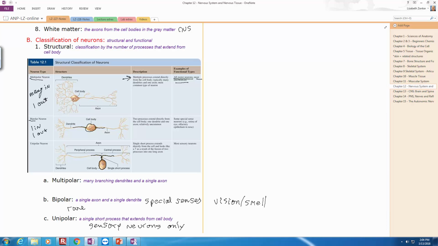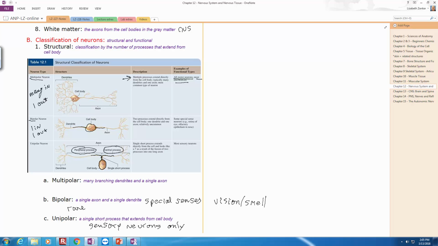So instead of using the term dendrite versus axon, you'll hear them say peripheral process and central process as the two arms instead of dendrite and axon. Okay, so basically not everybody agrees with this terminology. Some say that the part leading to the cell body is the dendrite and the part leading away must be the axon side of it.